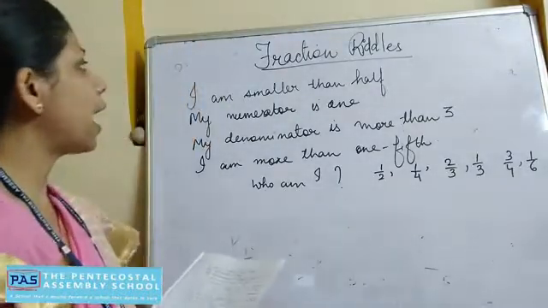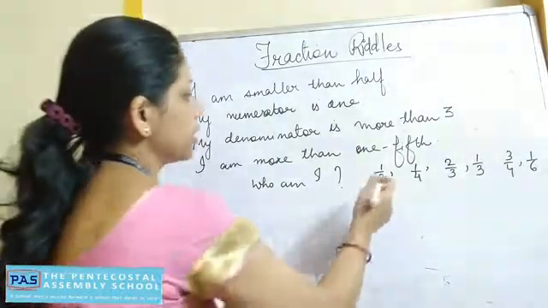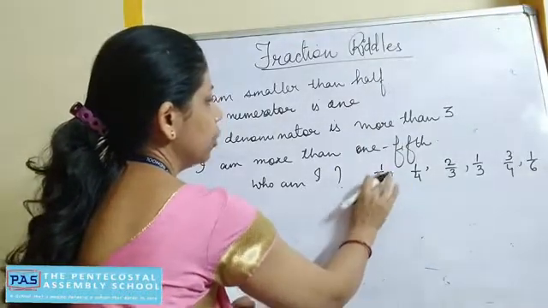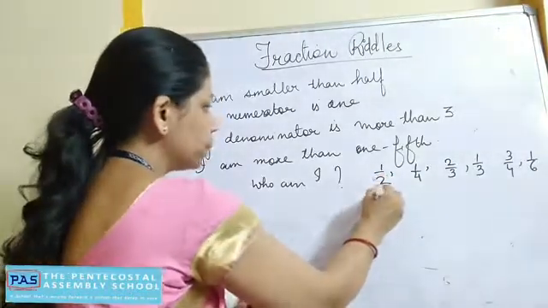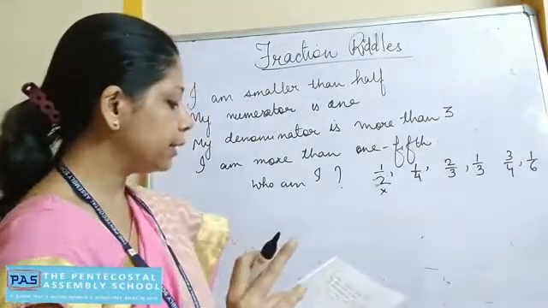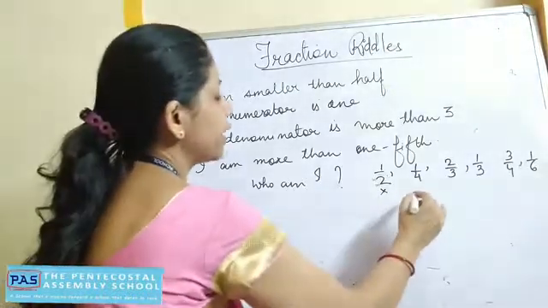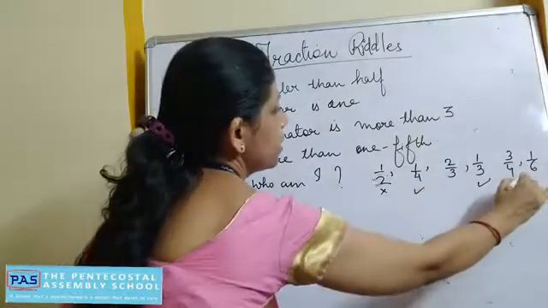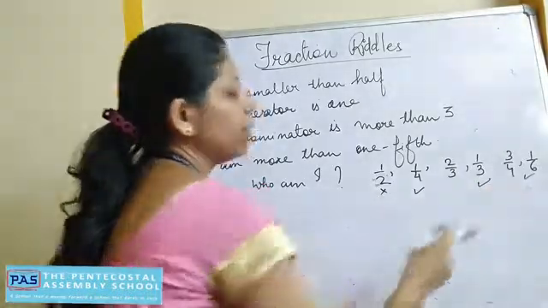See, it is saying I am smaller than half. Half is 1/2, isn't it? So it cannot be this option, because it is smaller than half. Next is my numerator is 1. So we have numerator as 1 in 1/4, 1/3 and 1/6.